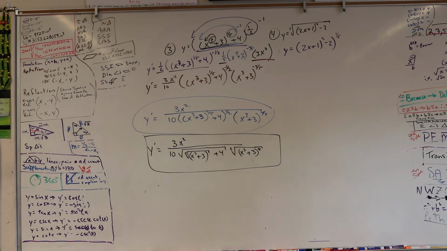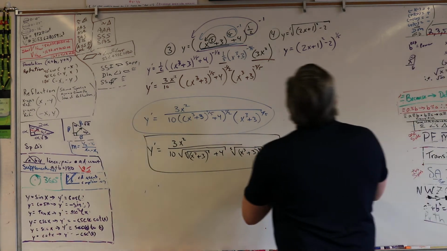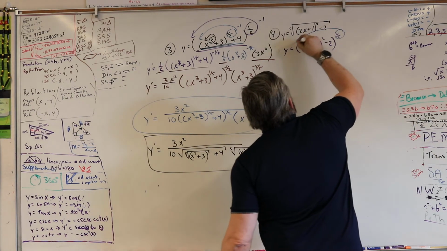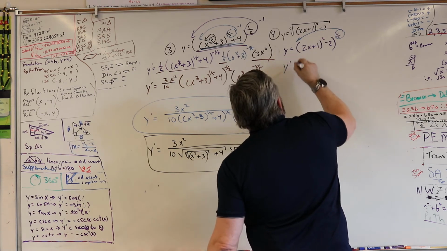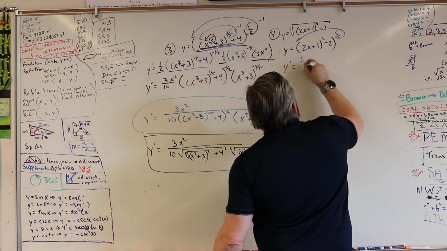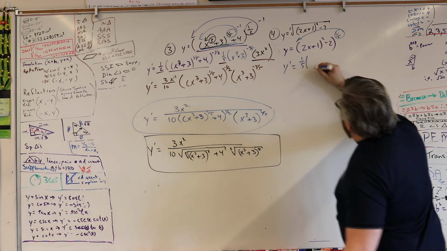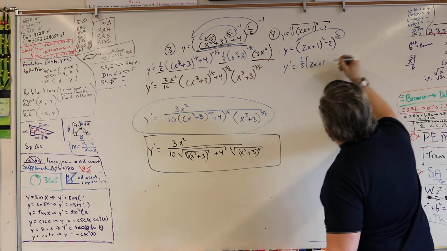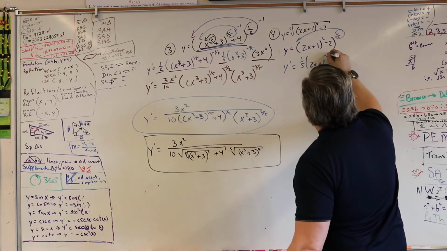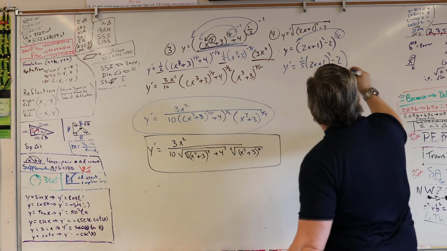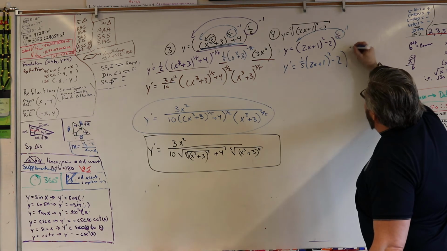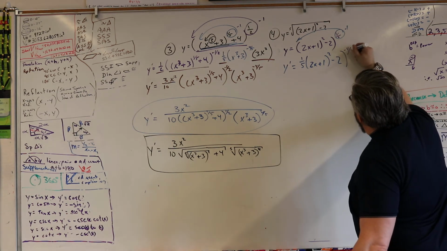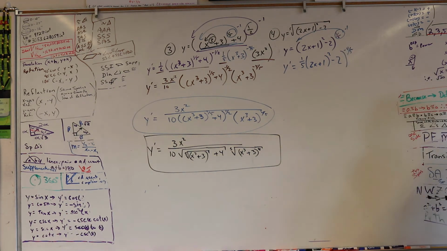Once it's in exponential form, now we're going to multiply this out in front. So we get y prime is equal to 1/5, right? Times 2x plus 1, okay? Squared minus 2. And then we got to take 1 away from that, so that's minus 4/5, right?